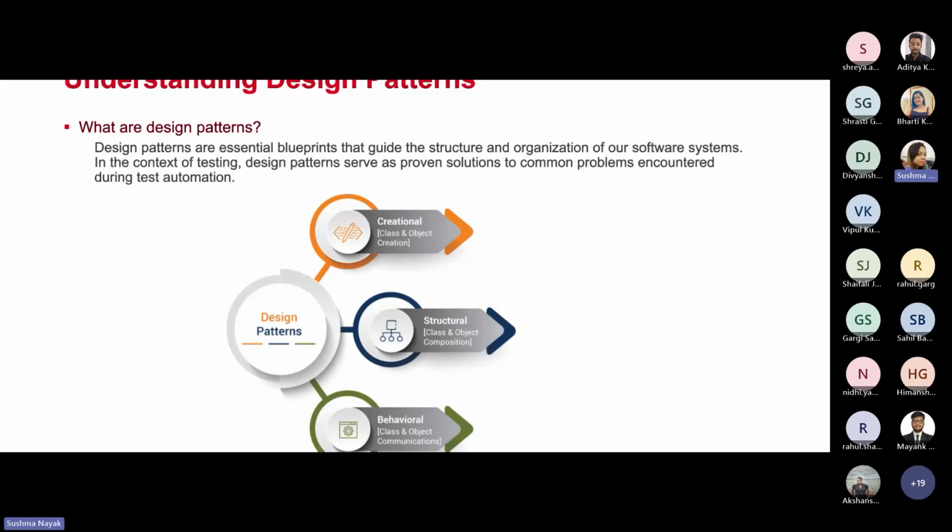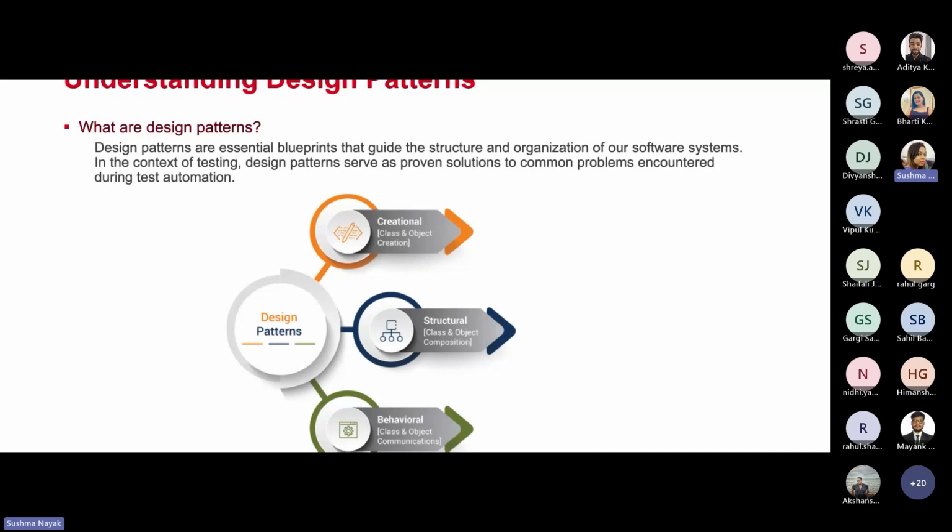Similarly, in software development, design patterns provide standardized solutions to common problems, making it easier for our developers to build software that meets quality standards and is easy to maintain. A few examples will be detailed in the next slide, and then you'll be able to understand what design patterns are.